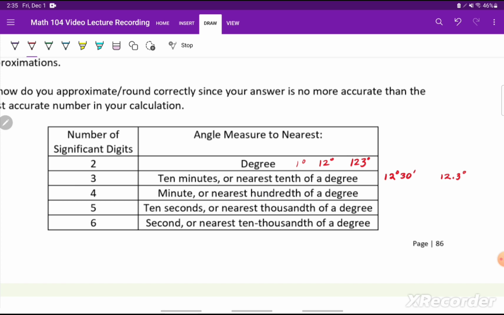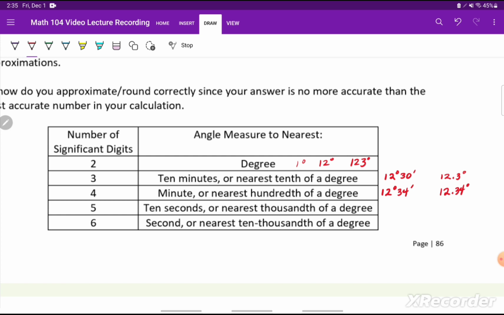If we're rounded to the nearest minute or nearest 100th of a degree, then that's 4 significant digits. So that would be something that looked like 12 degrees, 34 minutes. See, the minutes isn't a multiple of 10, or 12.34 degrees.